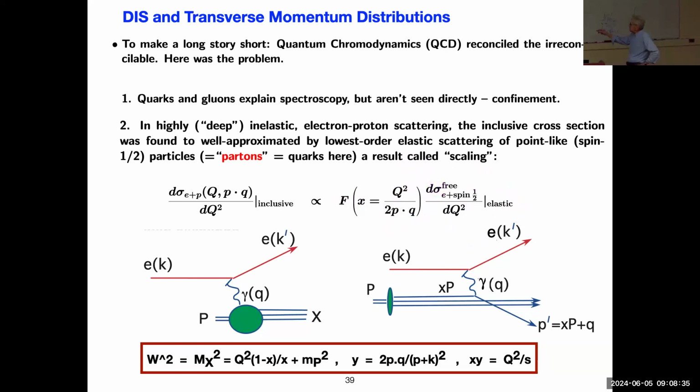And this cross-section here includes the charge of the spin 1/2 particle that's scattered, so it's dependent upon how many quarks you have and their charges.